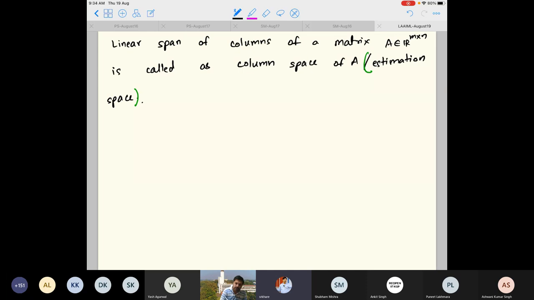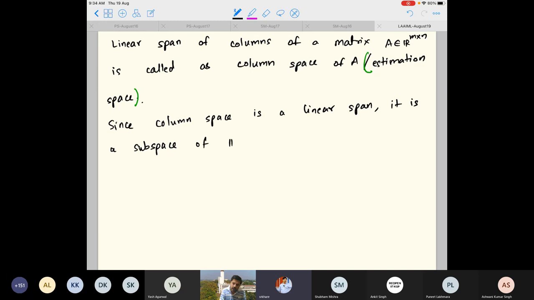Okay. So since column space is a linear span, it is a subspace. Can you tell me, it is a subspace of what? Rm.